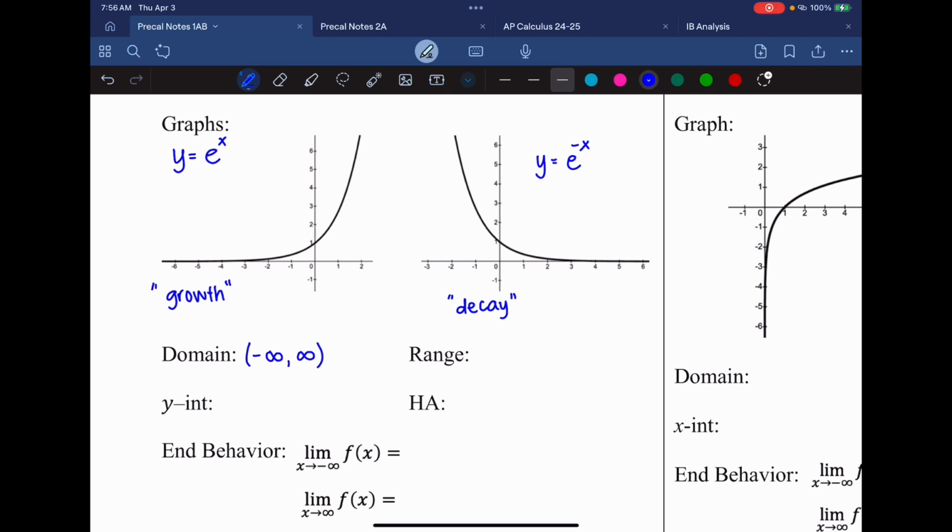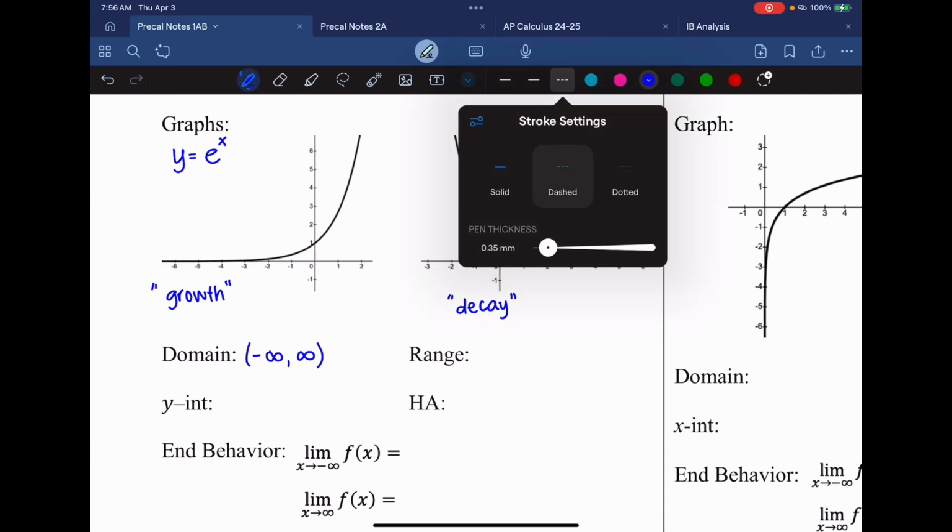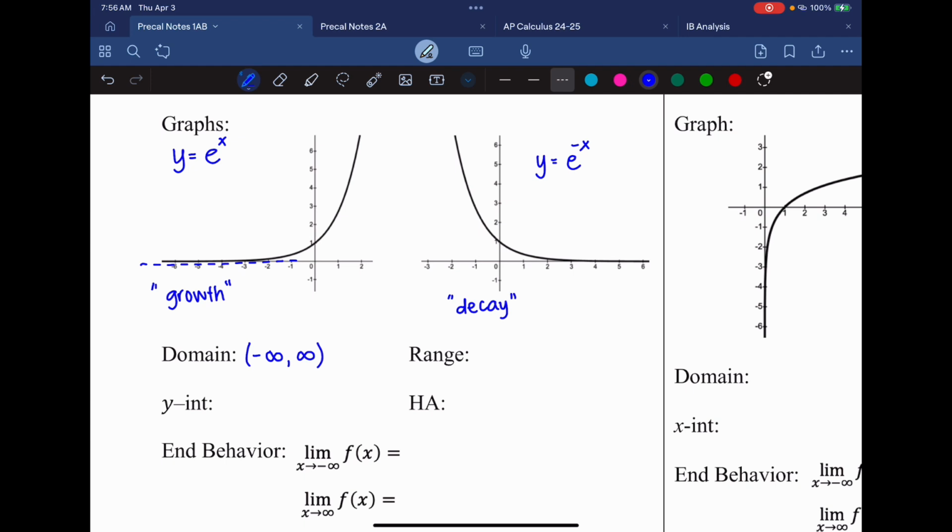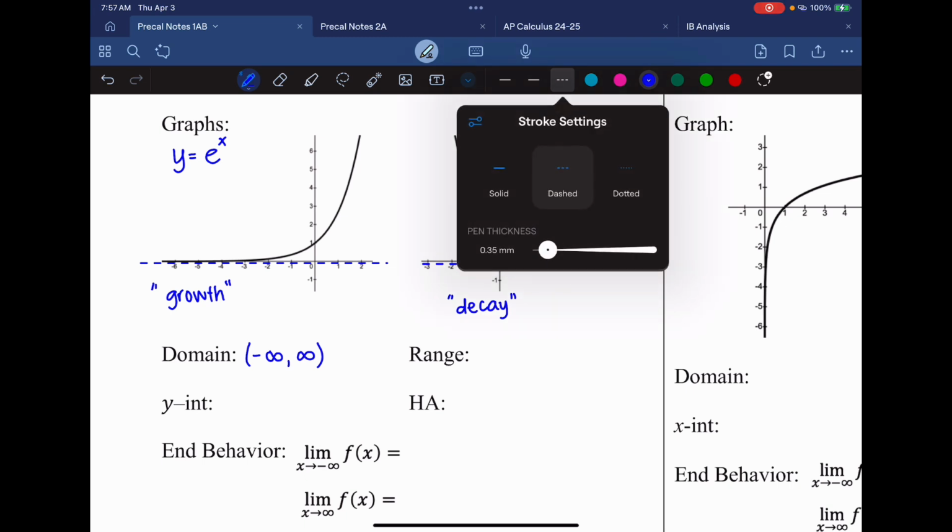Your range is going to be limited by horizontal asymptote. So every exponential function is going to have a horizontal asymptote.